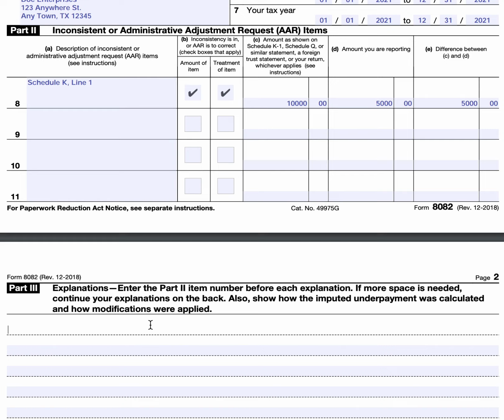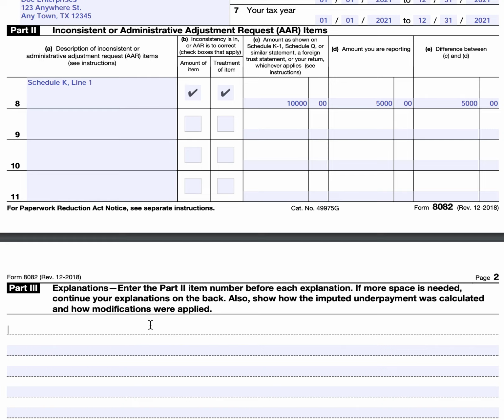Then you would need to net adjustments together. So positive adjustments against other positives only if they're in the same category, in the same grouping. Negatives with negatives if they're in the same grouping. There's different rules similar to netting capital losses and capital gains, right? So in the form instructions, it breaks down step by step how to group, subgroup, net, and then determine the total netted partnership adjustment.